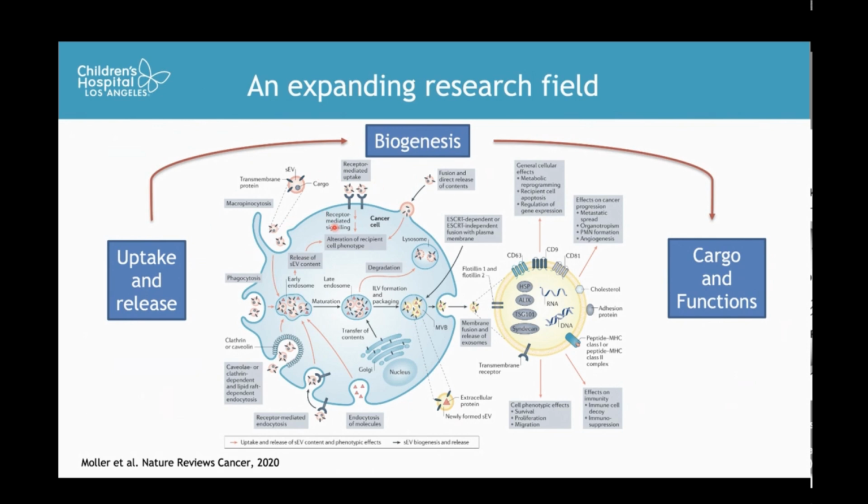For example, receptor-mediated uptake, which is specified by receptors, or macropinocytosis, phagocytosis, caveolin-independent endocytosis, and general endocytosis. The biogenesis has also been the focus of a lot of effort into understanding how the EVs are packaged inside endosomes in multivesicular bodies and released by fusion with the plasma membrane.